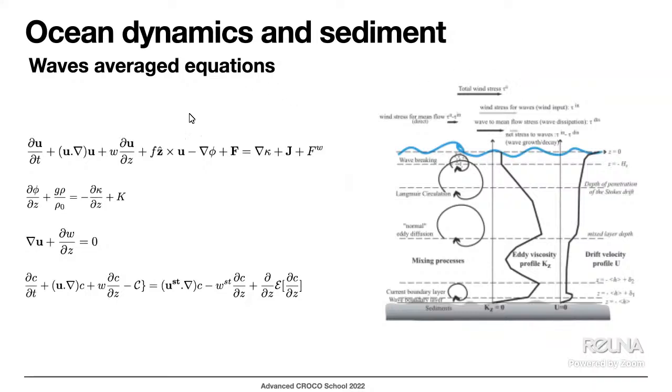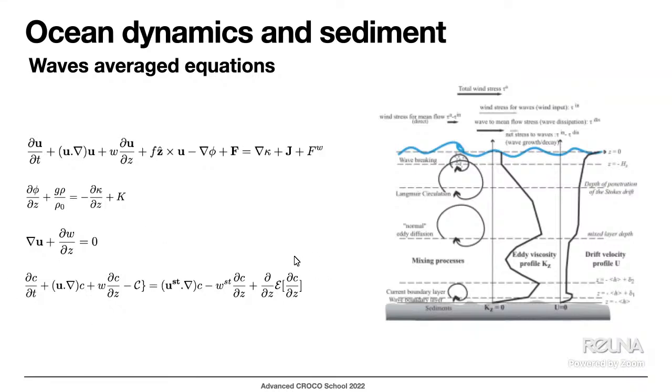So I think I won't go into this. I think you saw it with Swen. So in the presence of waves, the set of primitive equations takes a different form with additional terms on the right. What matters here is the tracer equation.